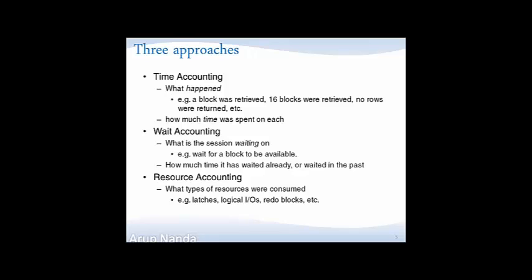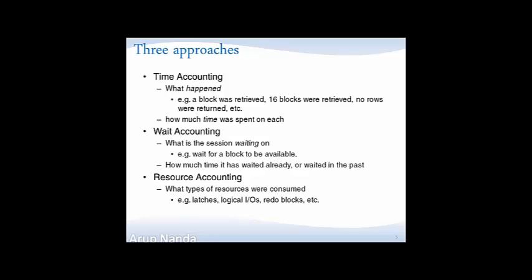And the third one is called resource accounting. Now all these things are time accounting or time-based accounting, but that doesn't take into account other factors. Everything that runs on a computer takes some resources, for example CPU, memory, I/O bandwidth, etc. So in resource accounting, you have to find out how much resource was consumed as a result of this thing.